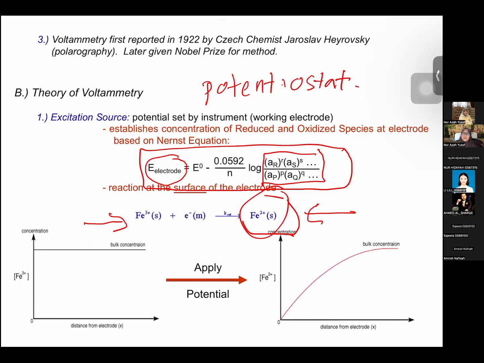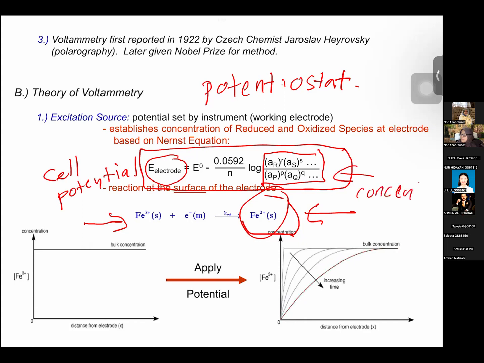I'm not going to ask you to do calculations using the Nernst equation, no. But at least you understand that there is a relation between cell potential and concentration. So that's how you use this technique for quantitative analysis.